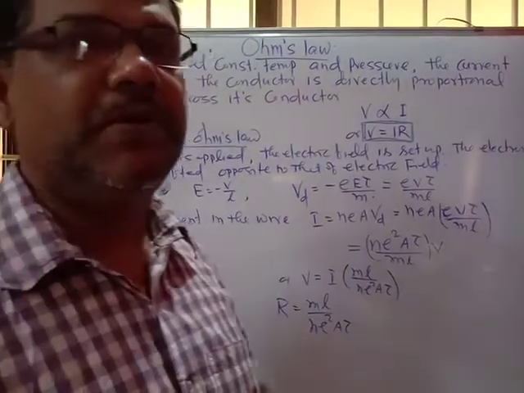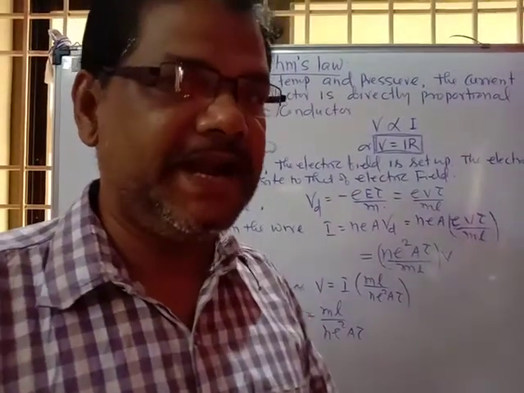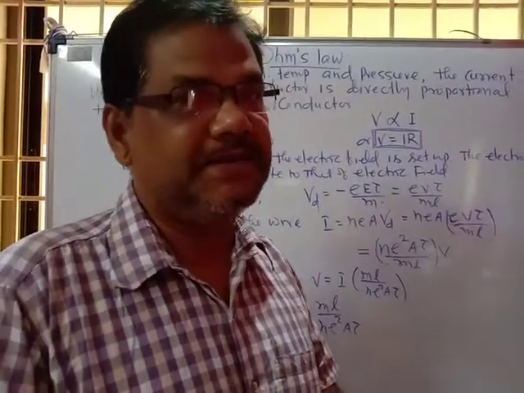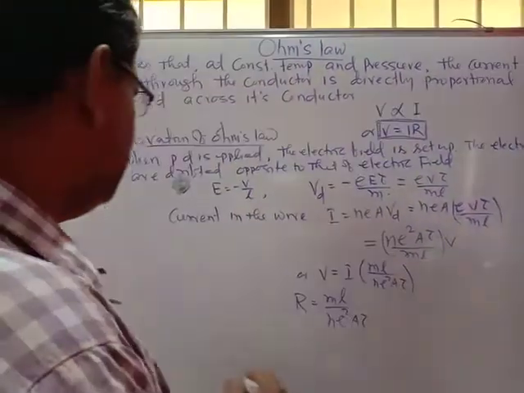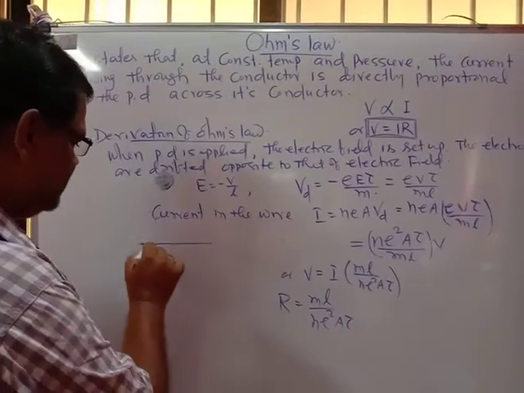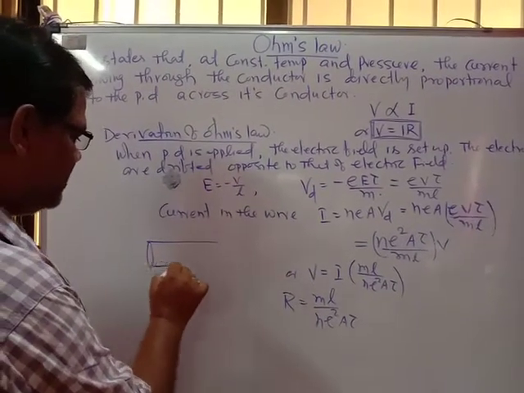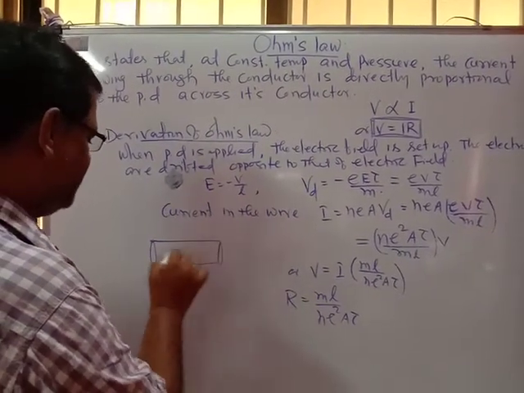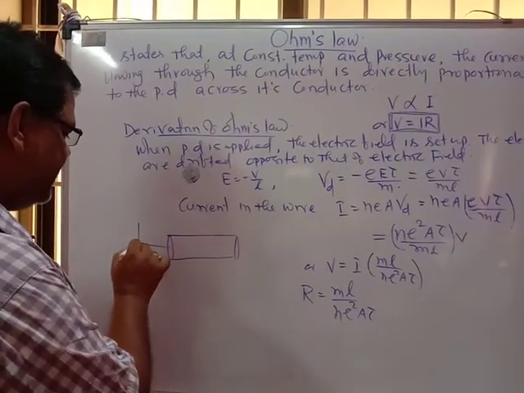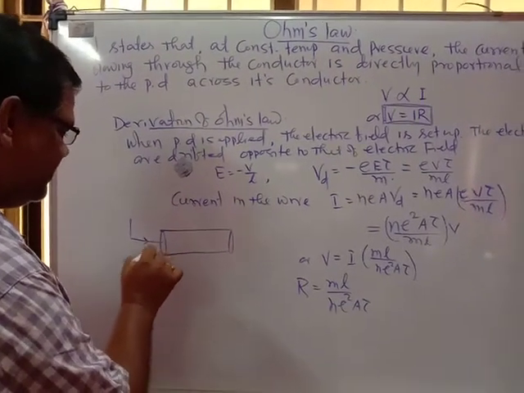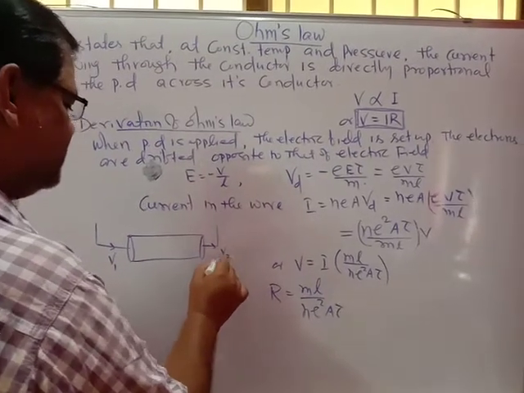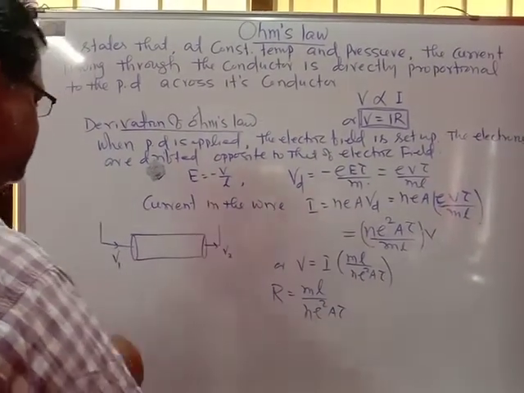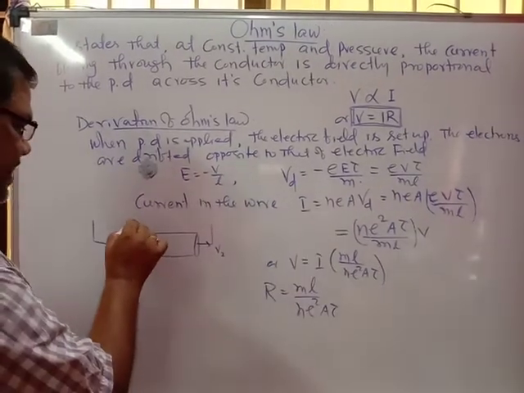Whenever a potential difference is maintained at the two ends of the conductor, an electric field is set up. If you maintain a PD, with potential V1 here and potential V2 here, the potential difference is V1 minus V2, and current will be produced along this direction.